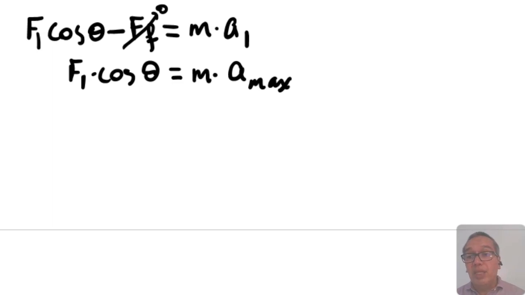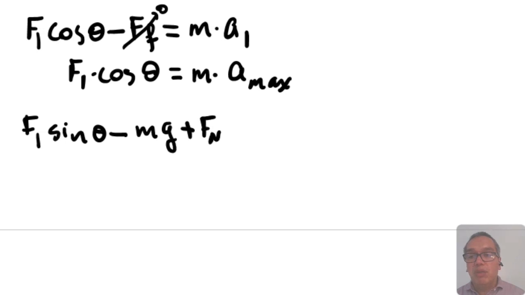And then in the y direction, what you have is that F1 sine of the angle minus mg plus the normal force is supposed to be equal to 0. But if you are at the critical instance where the block is barely losing contact with the ground, then the normal force is becoming 0.